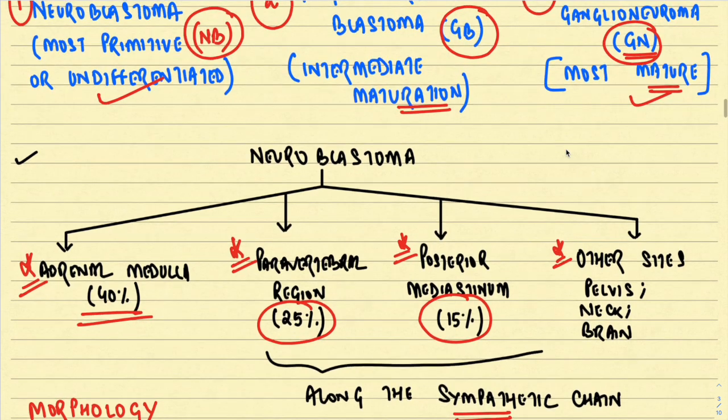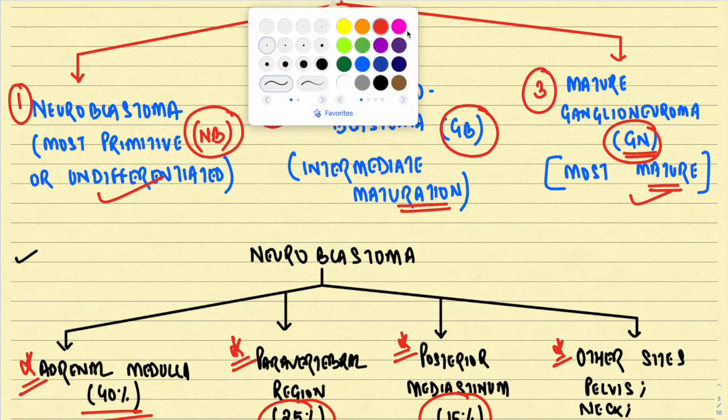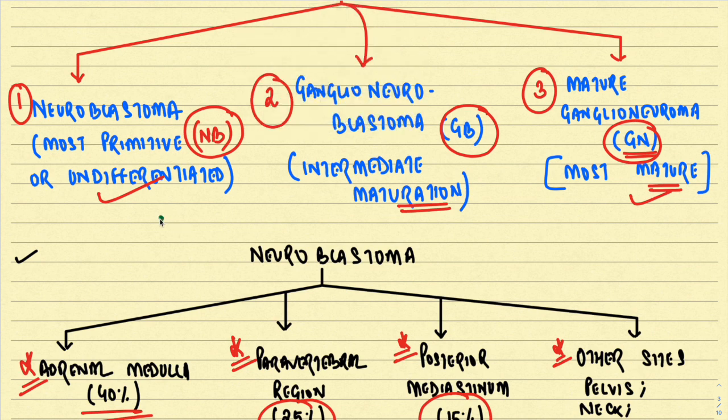Now, one very important thing that you have to understand before I go further on is that in neuroblastoma you have certain types of cells ranging from the most primitive cell, which is very small, having a very high NC ratio and very little cytoplasm, to cells which have an excessive amount of cytoplasm.